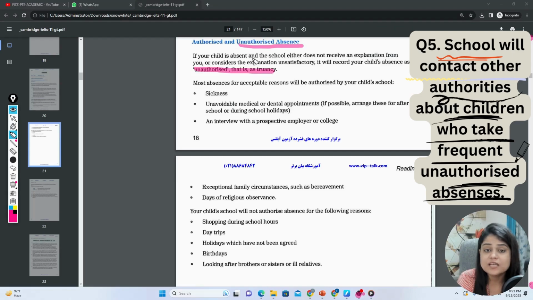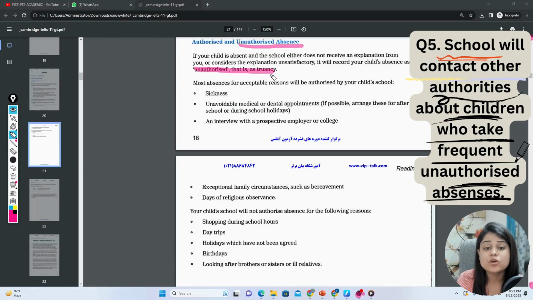Now, if your child is absent and the school either does not receive an explanation from you or considers the explanation unsatisfactory, it will record your child's absence as unauthorized. This is known as truancy.